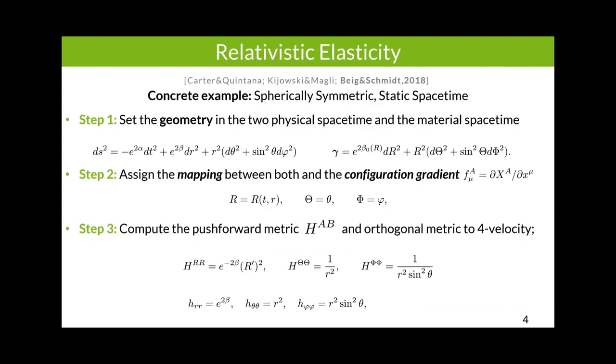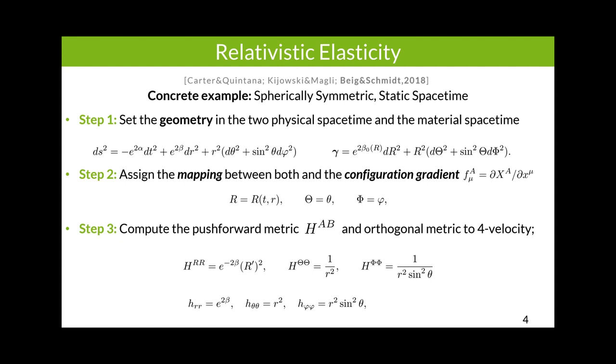So relativistic elasticity is actually quite an old formulation. It was first derived in the 70s, I think, by Quintana. Then there are some more modern formulations from the 90s and then from the 2000s. And the idea is that we always start by setting up two spacetimes.